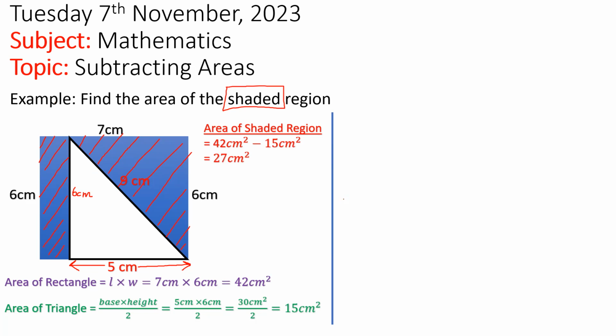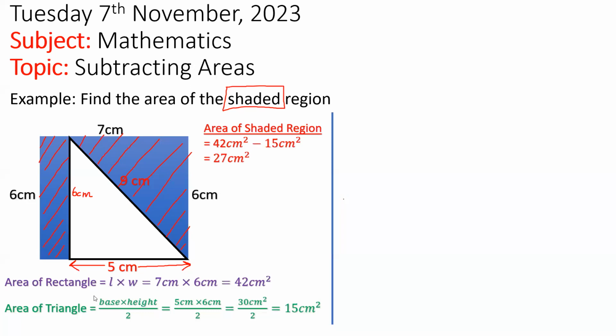Okay, but how do we get the area of the rectangle and triangle? I want you to explain that. For the area of the rectangle, you have to multiply length times width, equals 7 centimeters times 6 centimeters, which would give you 42 centimeters squared.